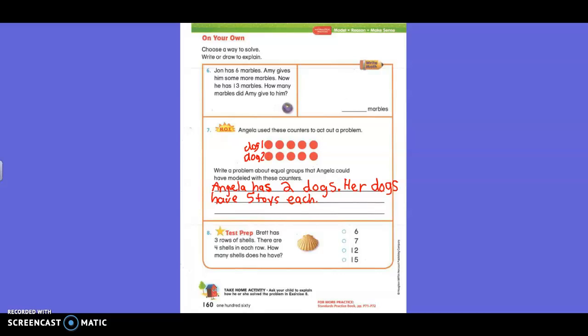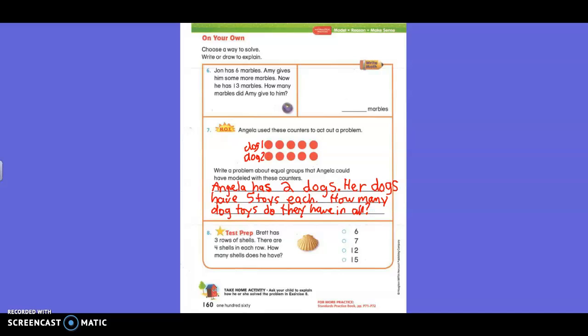Okay, so what should my question be now? Kinley? How many dog toys do they have in all? Yes, how many dog toys do they have in all?